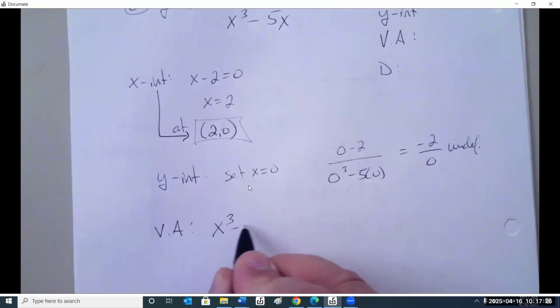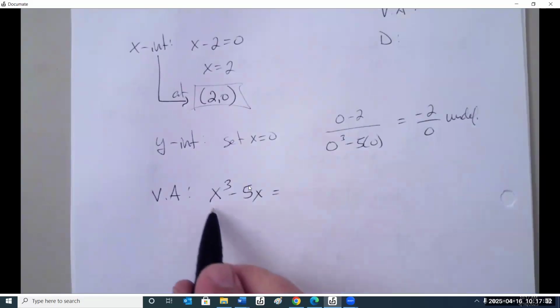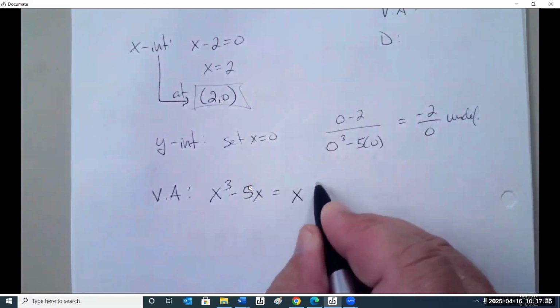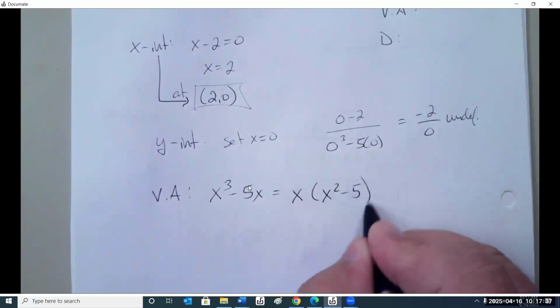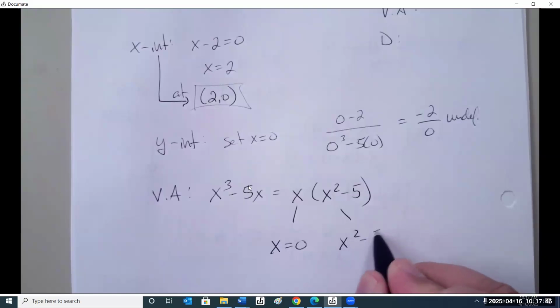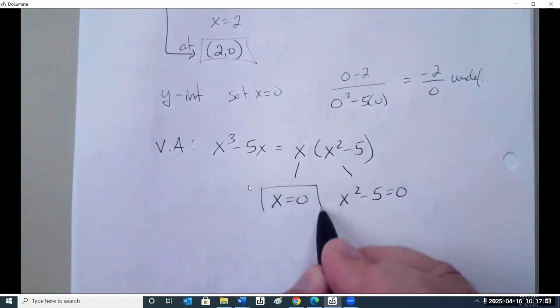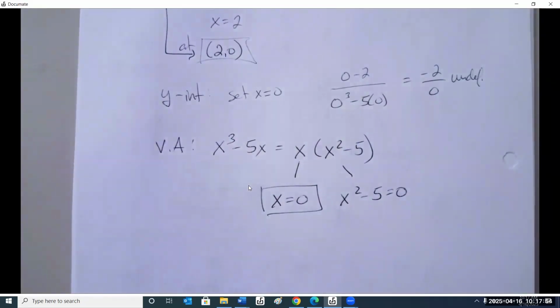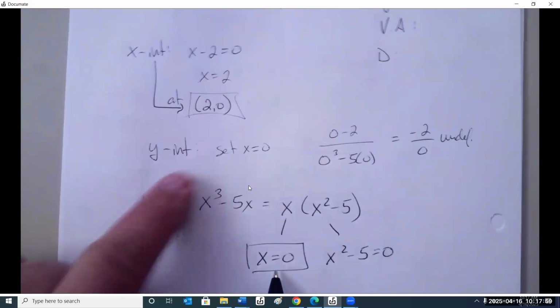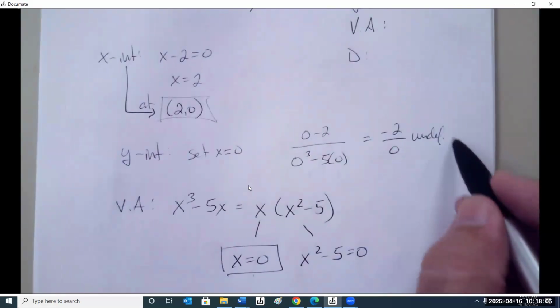Take the bottom, set it equal to 0. We can factor this one. We get x times x squared minus 5. Set them both equal to 0. Well, that's the reason there's no y-intercept: we can't set x equal to 0, because x equals 0 is an asymptote. That's why it's undefined there.